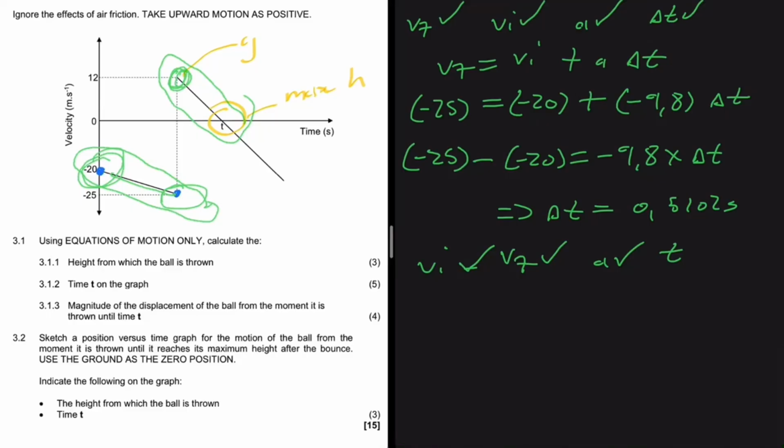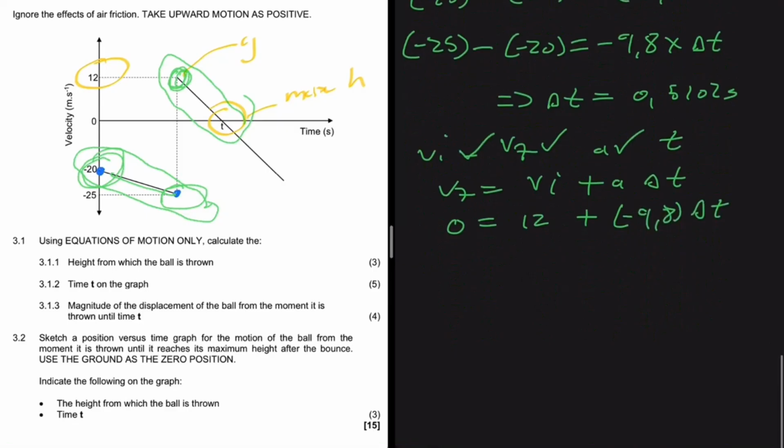We're still using the same formula. Vf is equal to Vi plus A delta t. So Vf is 0, right? Maximum height, and then Vi will be 12. Here it is, right? 12 meters per second, and it's positive because the object has left the ground. It is now moving up, plus the acceleration, which is minus 9.8 multiplied by delta t.